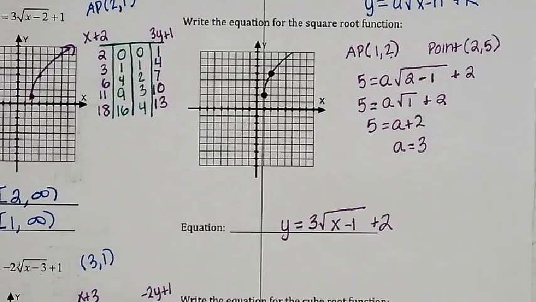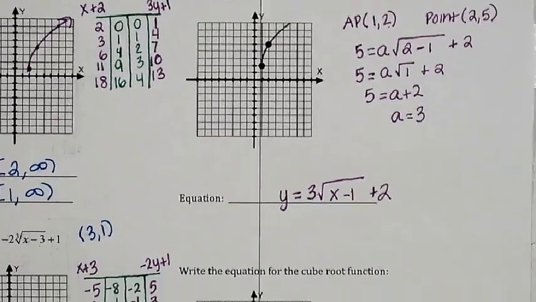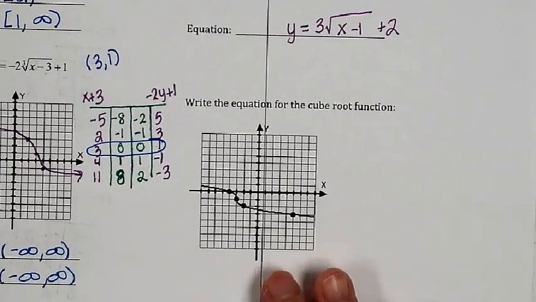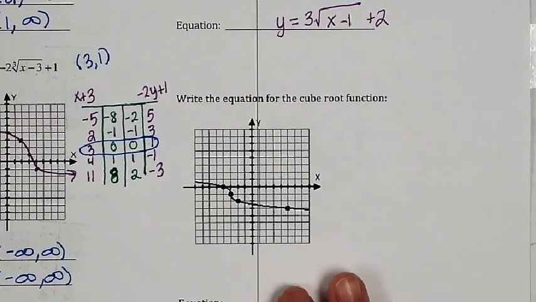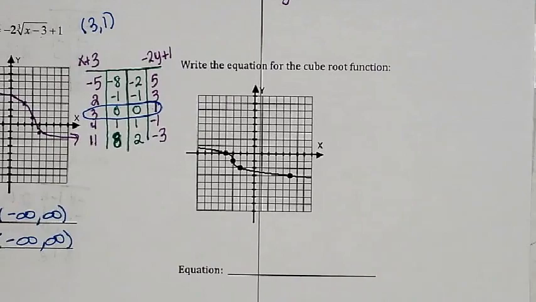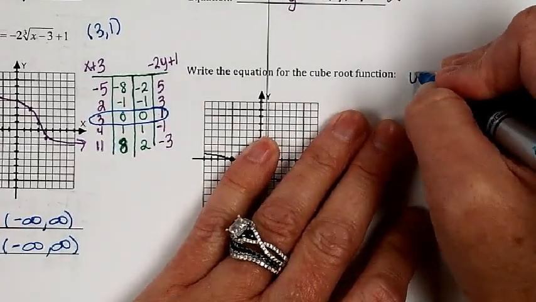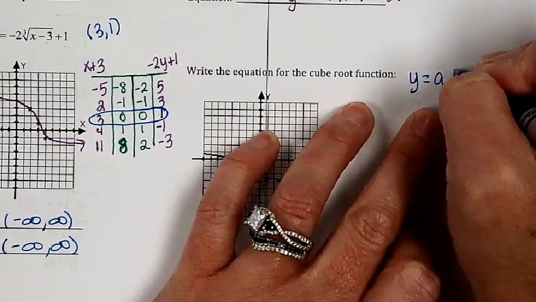Yes. Alright, next one. Now we're going to write the equation of the cube root function. So this one is going to be y is equal to a, the cube root of x minus h, and then plus the k.